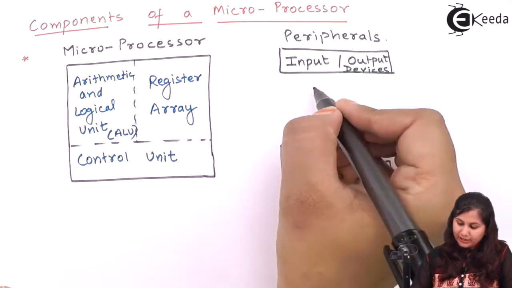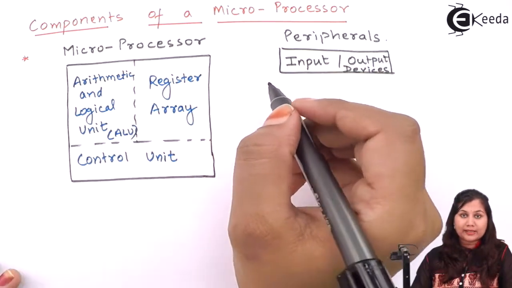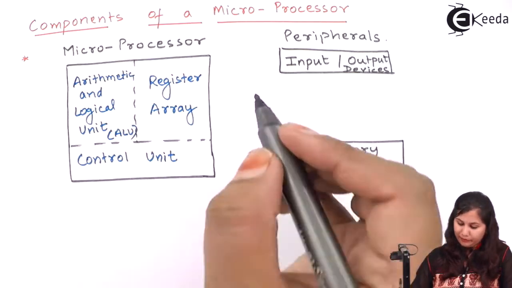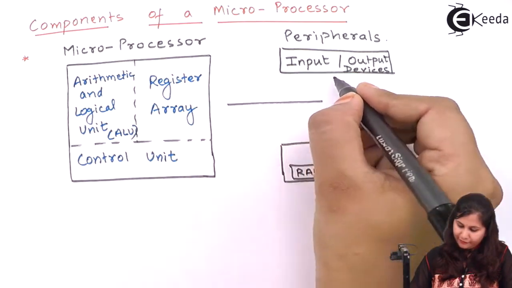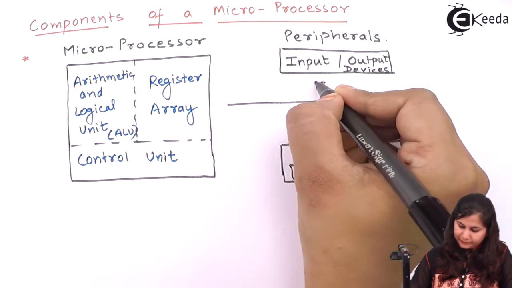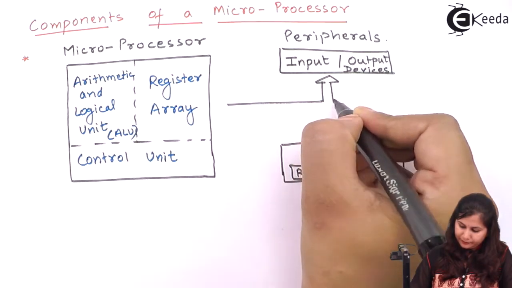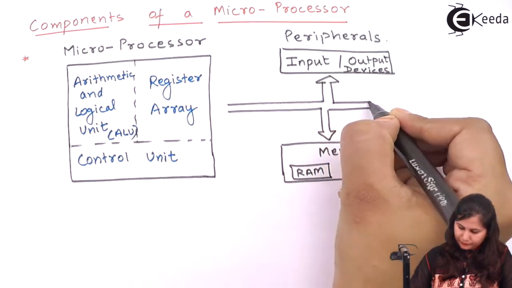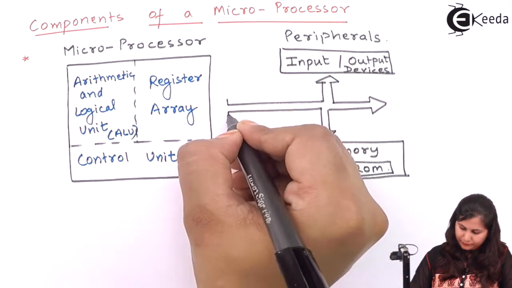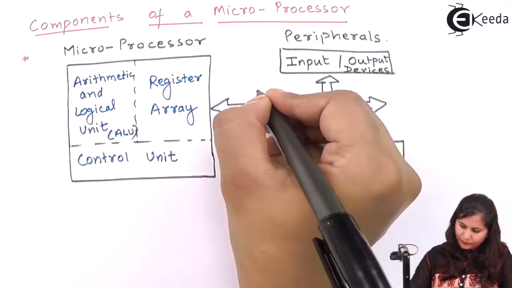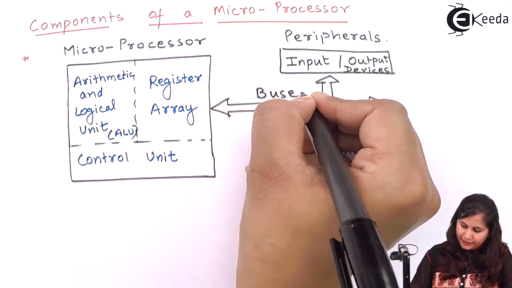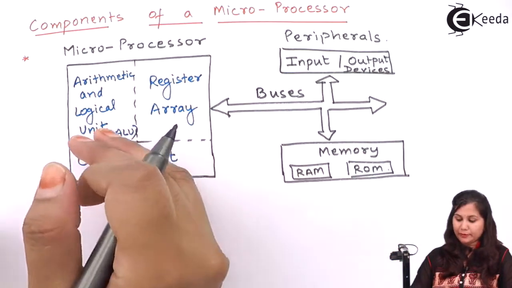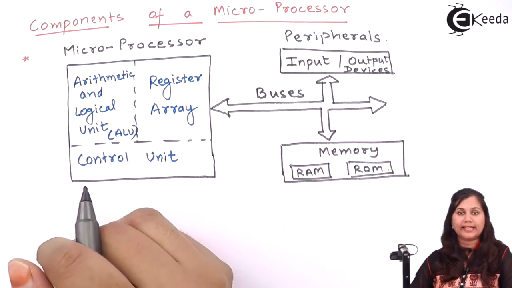There has to be some communication link between the microprocessor, peripherals and the memory. So here we have buses for that. These are the buses which act as a communication link between the memory, microprocessor, peripheral and the outside world.